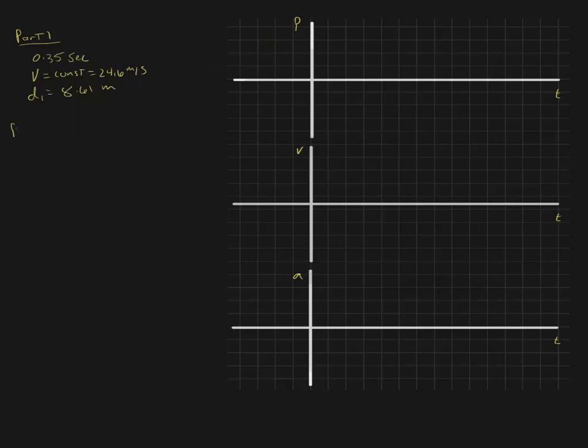In part 2 of the motion, we don't know what the time interval is, but we're going to have to find it if we're going to plot it on this graph. The velocity initial is the 24.6 meters per second. The velocity final is going to be equal to 0.